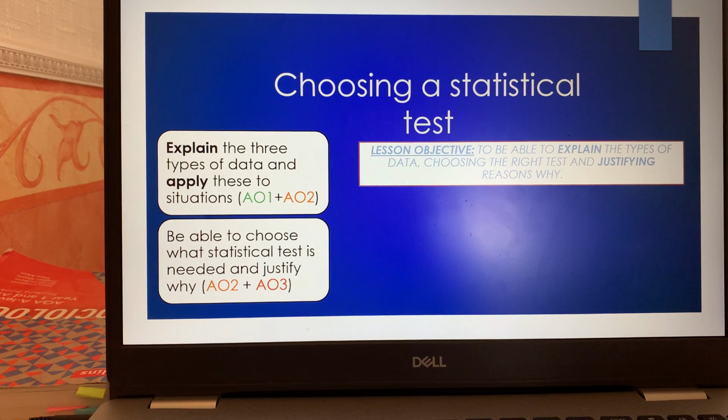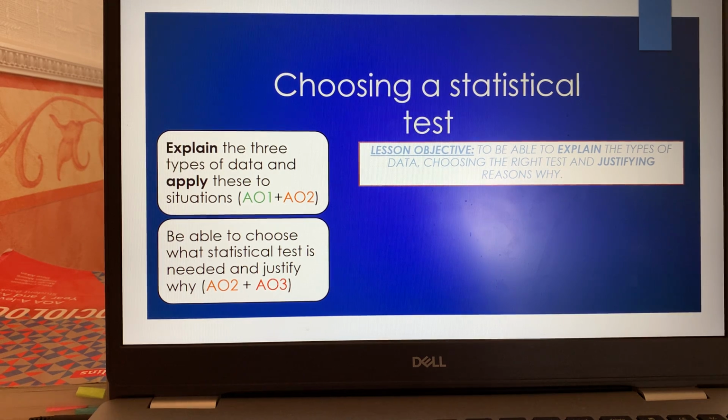Now, if any of you are choosing to do psychology at uni, which I think a few of you are, depending on what uni you go to, they have quite a heavy prominence on statistics. So I know, for example, in my first year, I had a 3-hour statistics exam on a computer where I basically had to choose a statistical test. And this is where A-levels are a little bit bonkers, because they've brought everything down from university level to you guys.